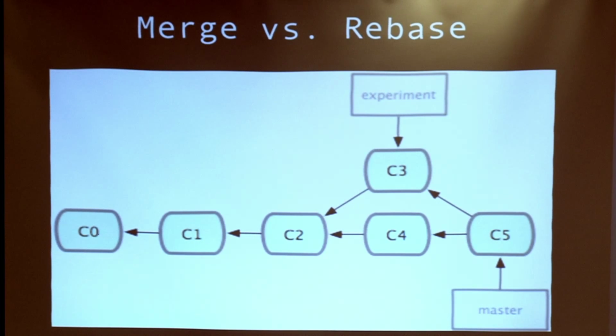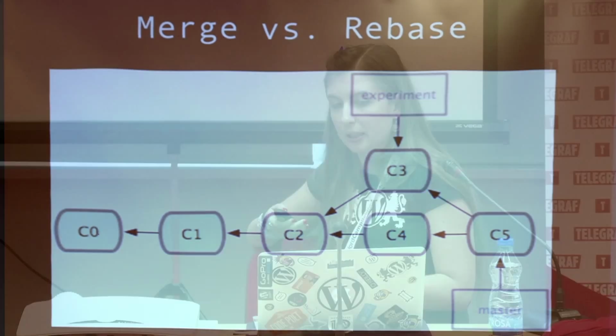As you can see here, if you, for example, have this branch with the commit C3 and you want to merge it to this branch, merge creates a new merge commit, C5. So merge is creating a commit with the same changes. The problem is that it creates a messier working tree, but you have a merge commit and you can see when the changes were merged and why and so on.